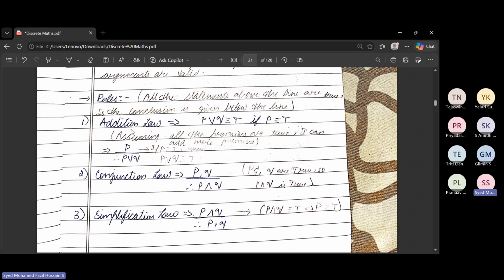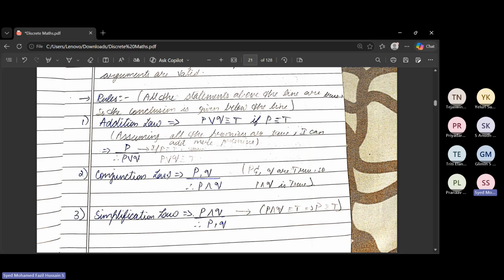Here, addition law is: P or Q is always true if P is true. As you can see, if P is true, then P or Q, P or R, P or S will always be true because P is true. That is addition law.